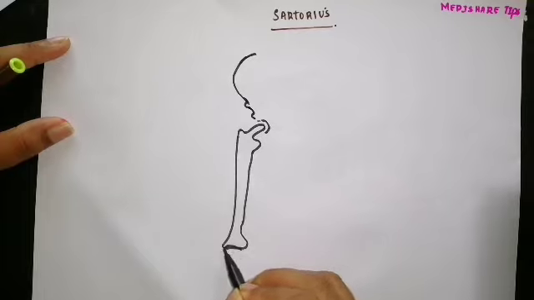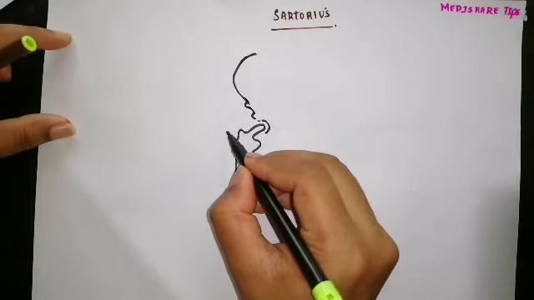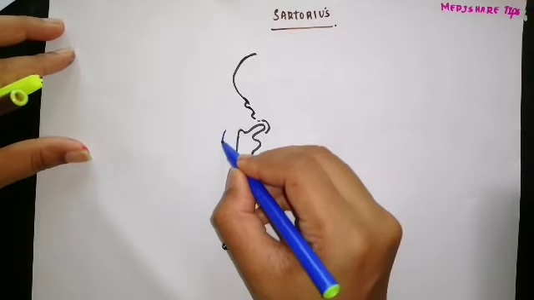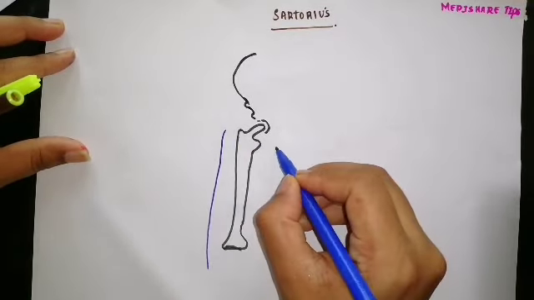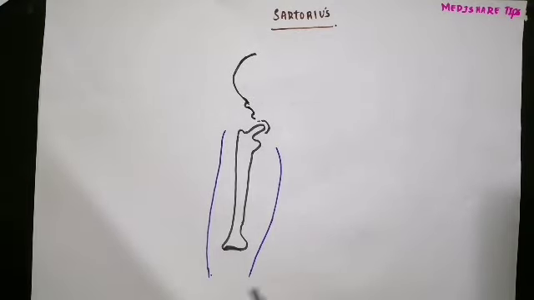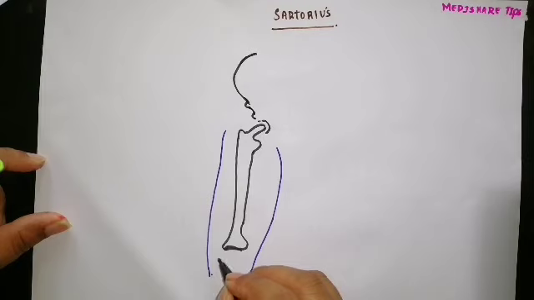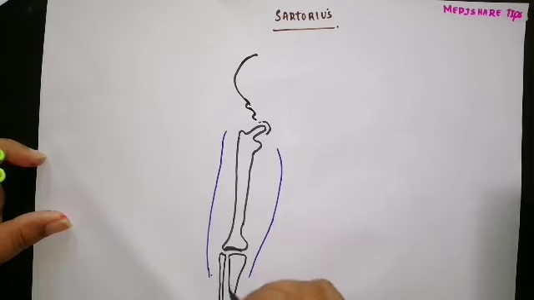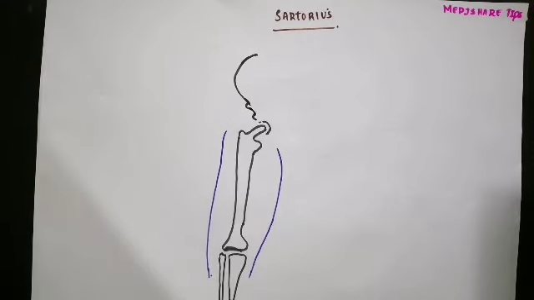This is the femur bone. And there you have the fibula and tibia here.